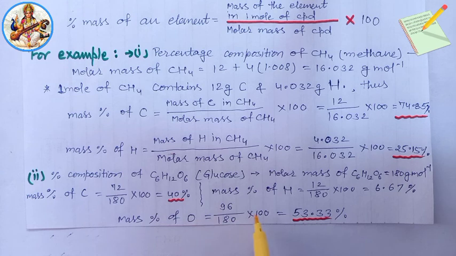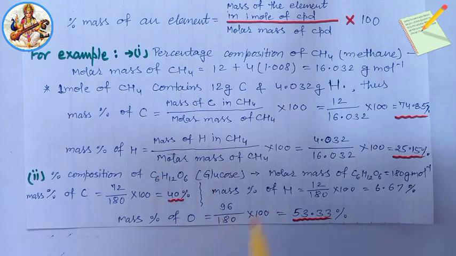So 96 into 100 divided by 180, the resultant value is 53.33%.